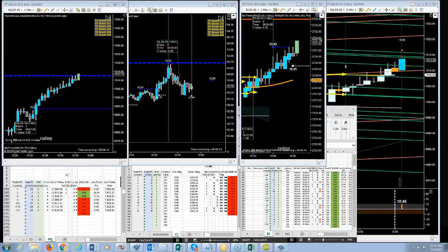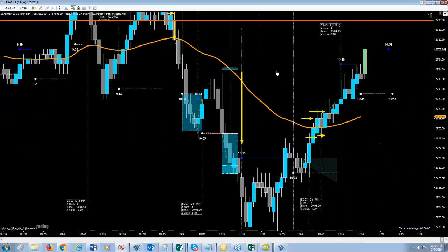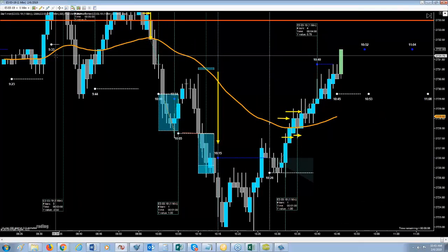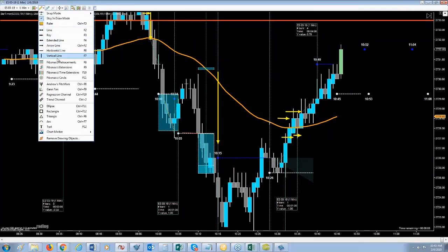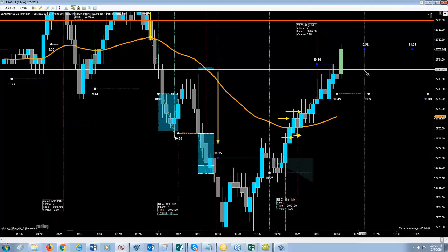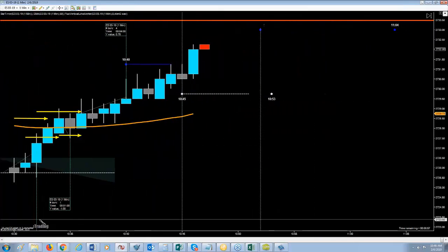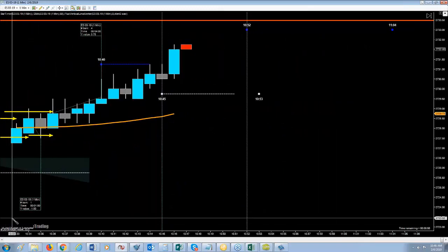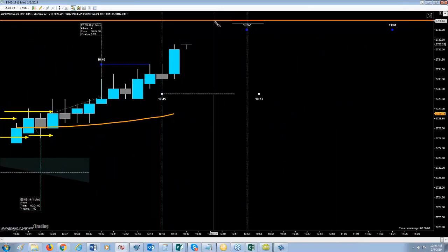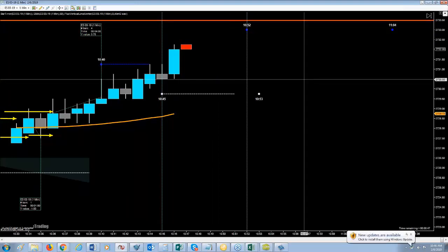ES signal with trend at 10:45. You're going to hold that signal now until 10:52. This is our resistance line that Steve had me draw here earlier from the resonant angle line too.